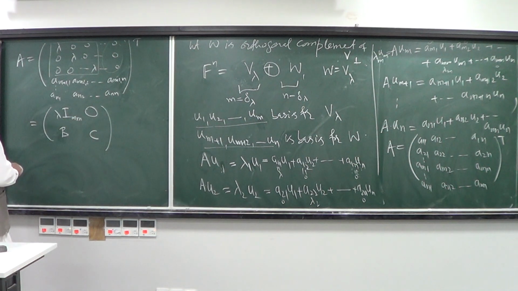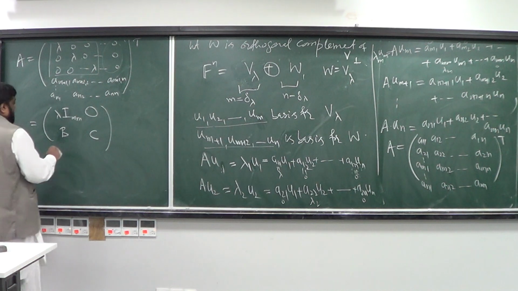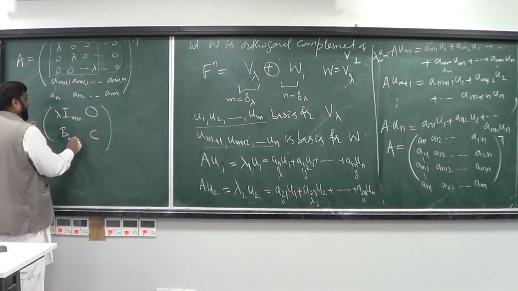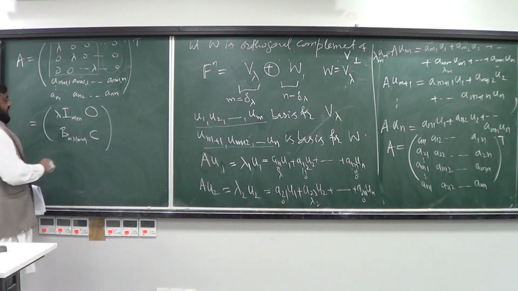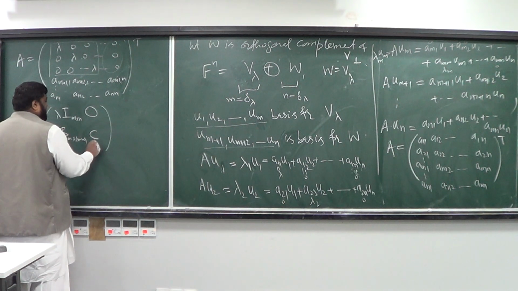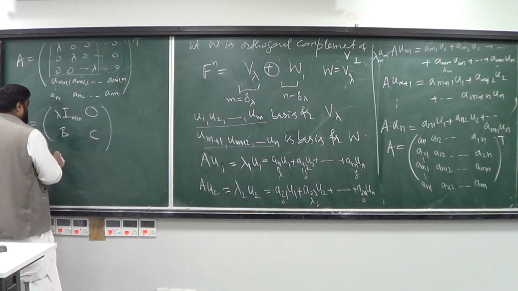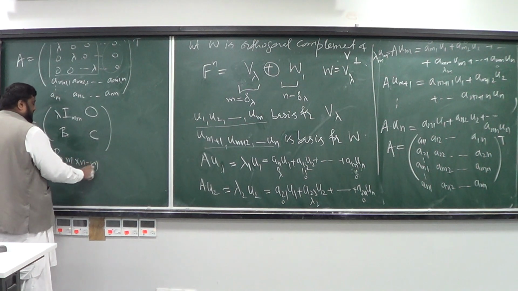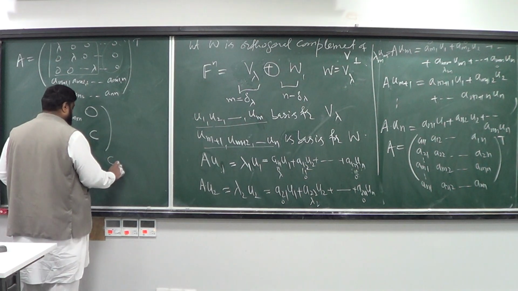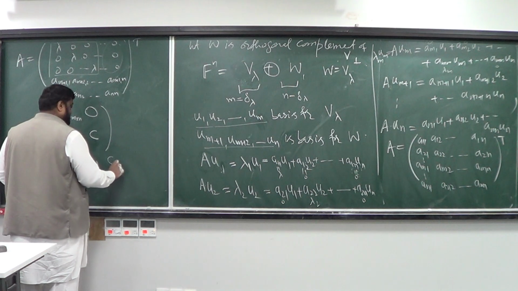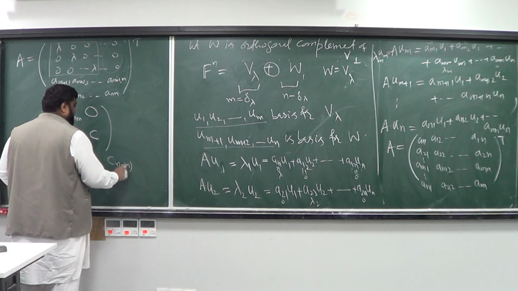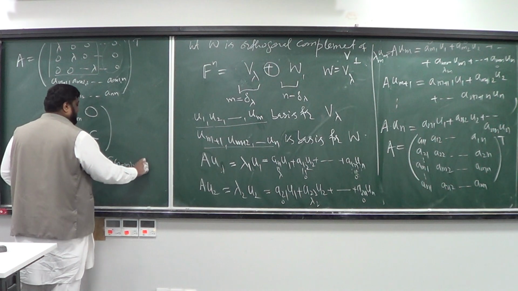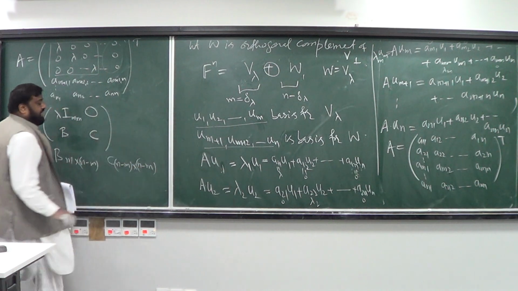The order of this matrix B is m by n minus m, and the order of C is n minus m by n minus m, where m is the geometric multiplicity, keep in view.